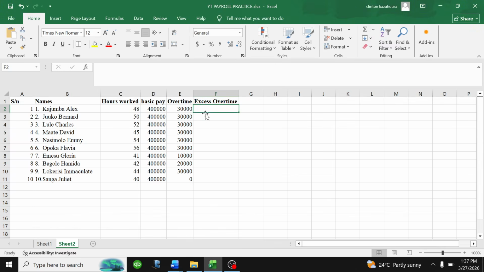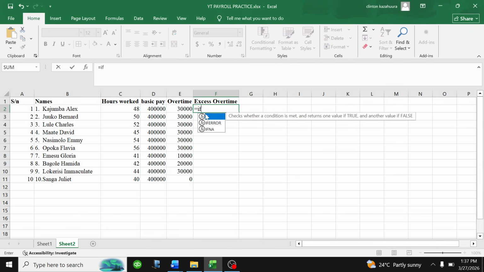So we shall say equal sign if, I open brackets, if these basic working hours are less or equal, because even the one for 43 won't get, then those ones automatically will get 0.